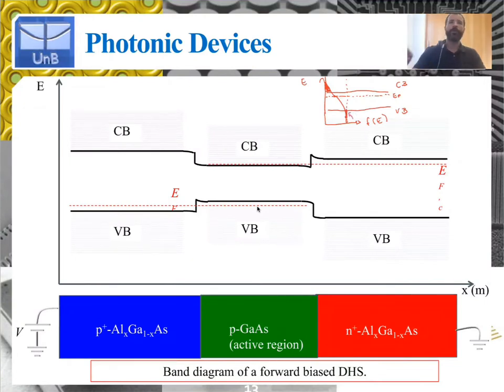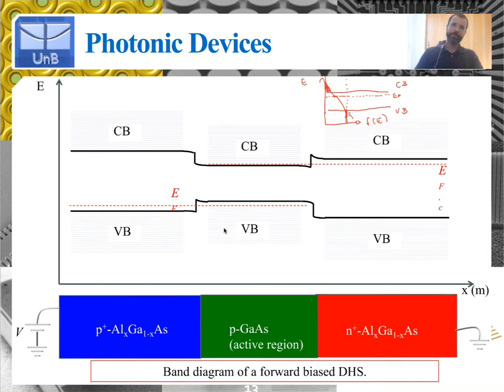So if you have only one Fermi level, you can either have lots of electrons and few holes, or lots of holes and few electrons, or if it's exactly at the center, you have a medium amount of both. But you could not have lots of electrons and lots of holes.